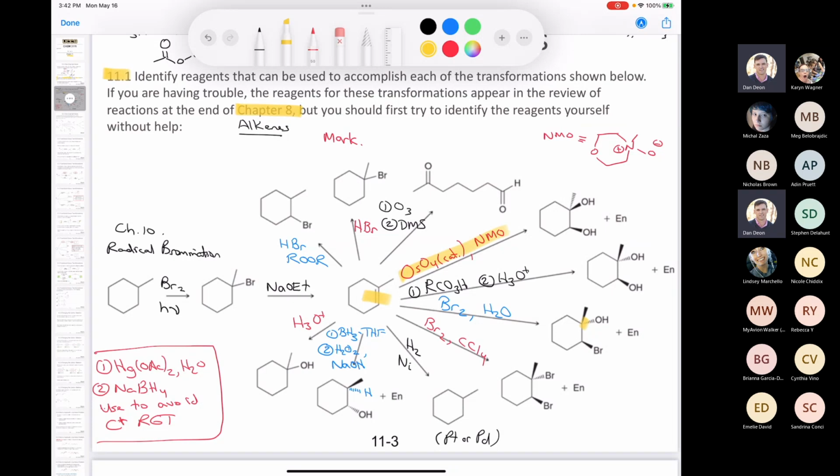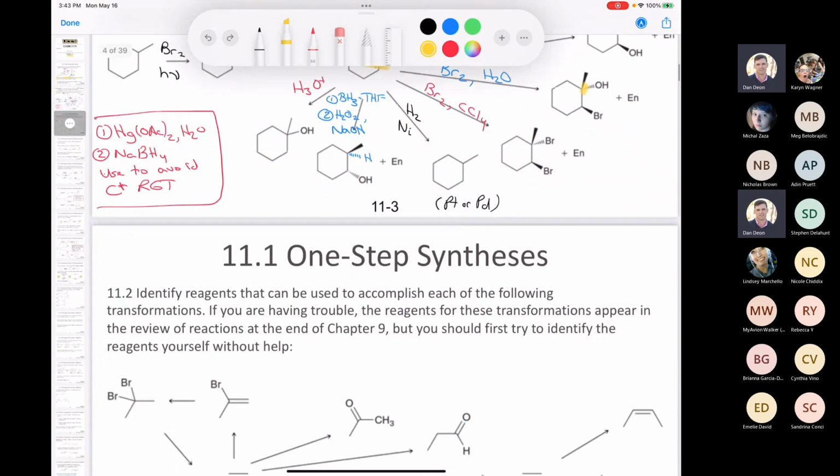They teach you KMnO4 and hydroxide, and that works too. Those are all legitimate ways of doing that. And again, I'll let you go back in chapter 8 and take a look at that on your own spare time. But again, this seems to be the preferred method of doing the syn addition of alcohols across a double bond. Here we go. Good review of chapter 8.